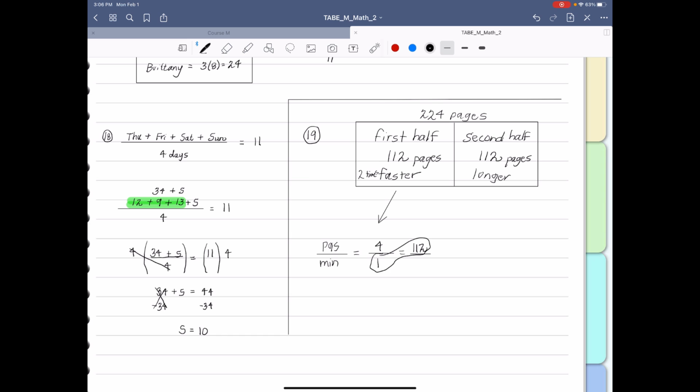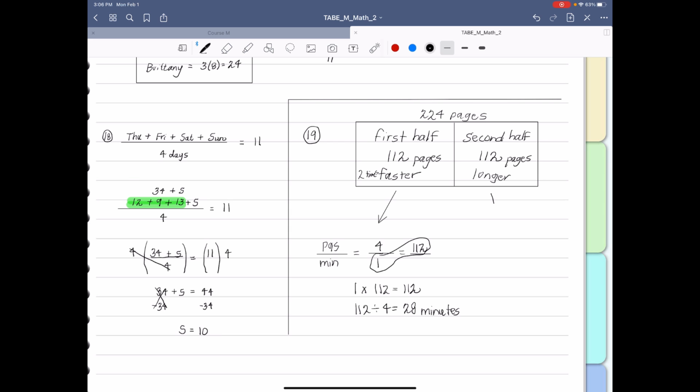We're going to say 1 times 112 is 112, of course. And then that 112 divided by 4, use your calculator if you need it, it's going to be 28 minutes. Okay. So it took him 28 minutes to read the first half of this book.